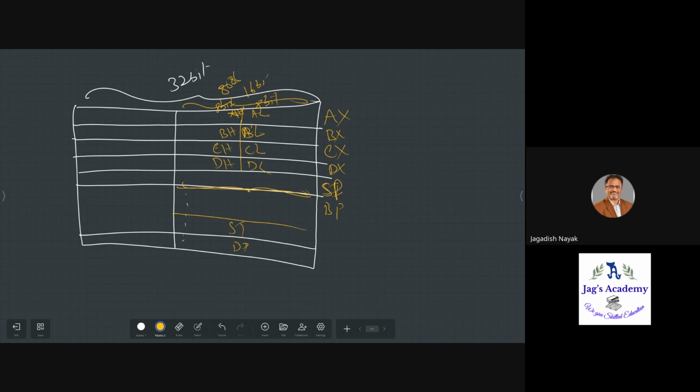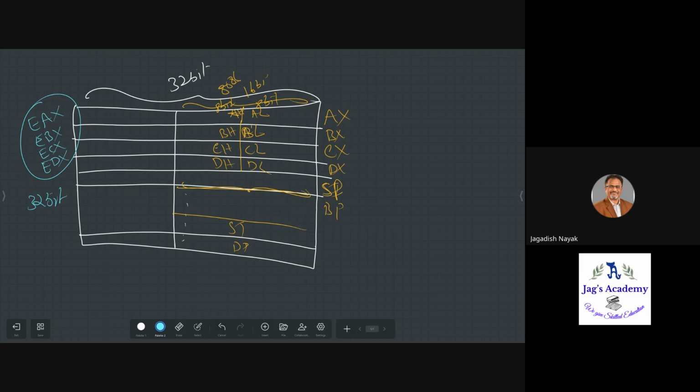Now, suppose your microprocessor is 32-bit. The same registers are called EAX for AX, EBX for BX, ECX for CX, and EDX for DX. These are called extended registers, which are 32-bit.